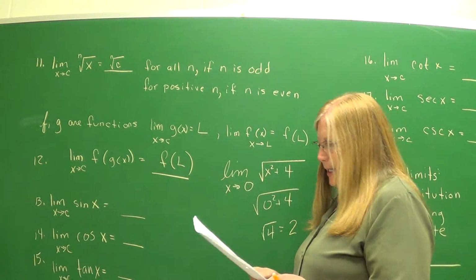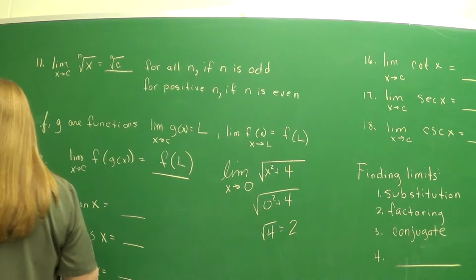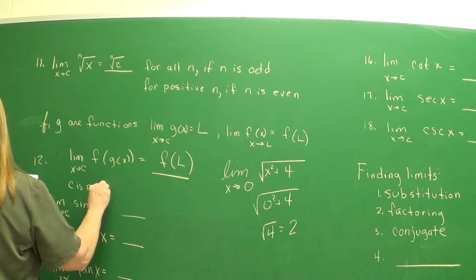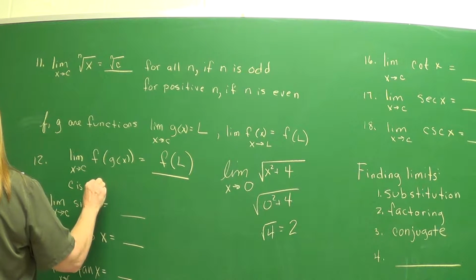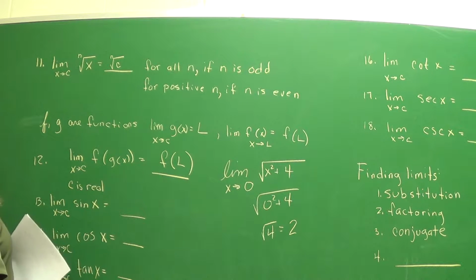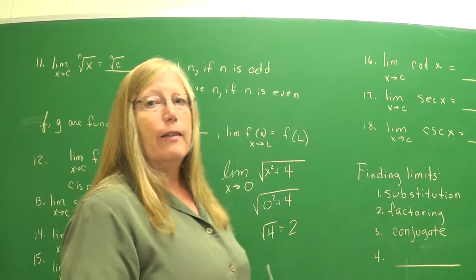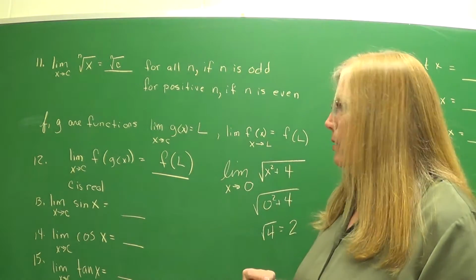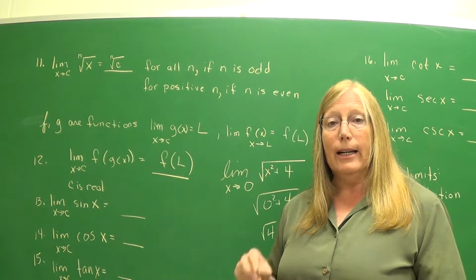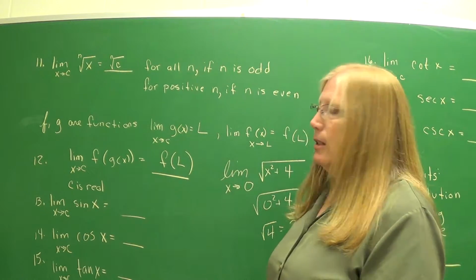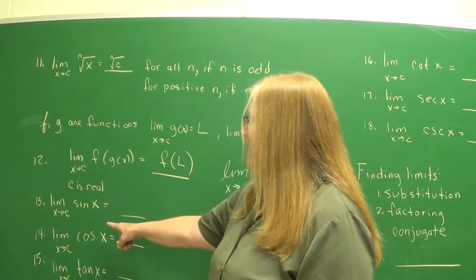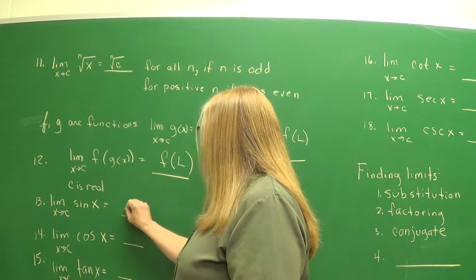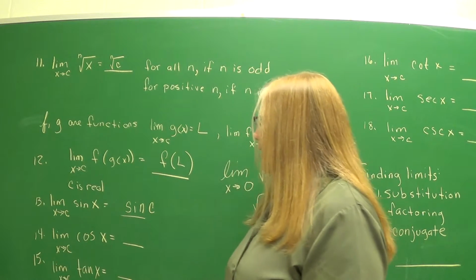All right, on the next section, I should have said c is real. So we have a real number c, and we're only going to think about the domain of the trig function that is given. I'm not going to list all of those, so just assume that we're working in the domain of the function we're talking about. Told you we're going to be rigorous. The limit as x approaches c of sine of x, you just plug in c, and the limit is sine of c.